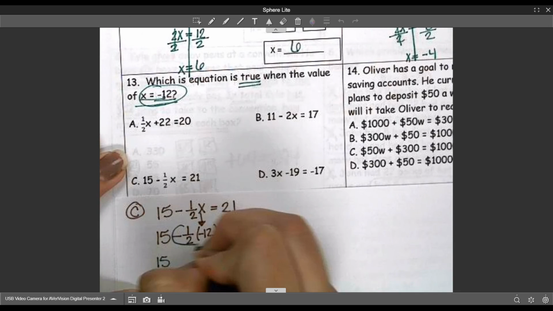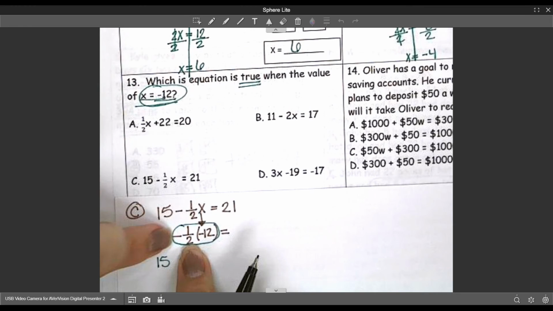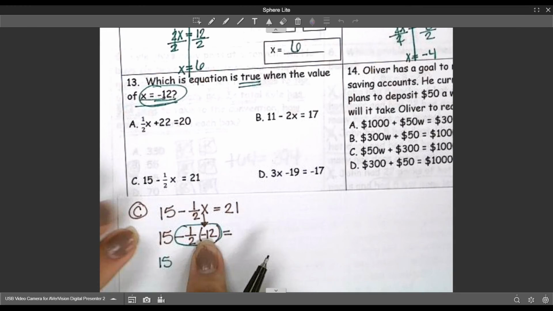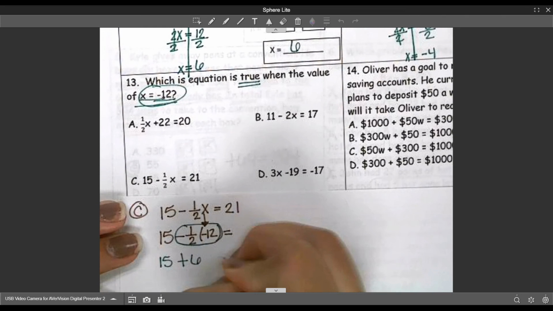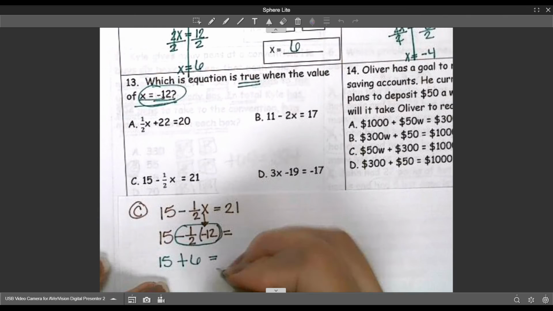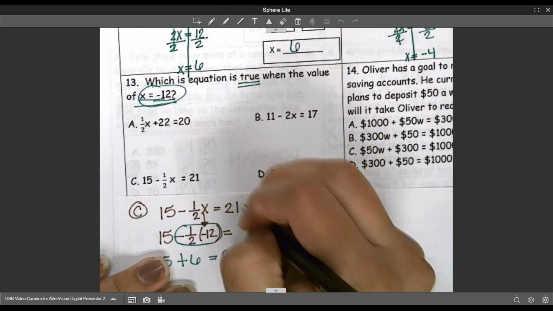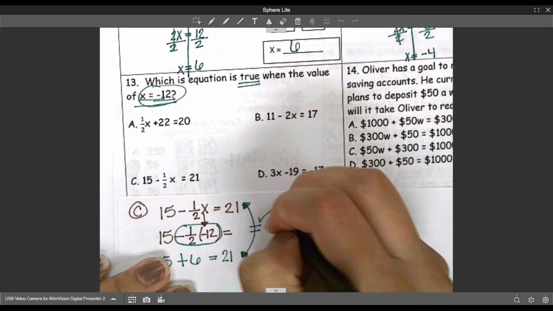What is negative half times negative 12? Or let's put it this way. Since they're both negatives and we're multiplying, it's going to be positive. So what is half of 12? 6. What is 15 plus 6? 21. Are they equal to each other? Yes.